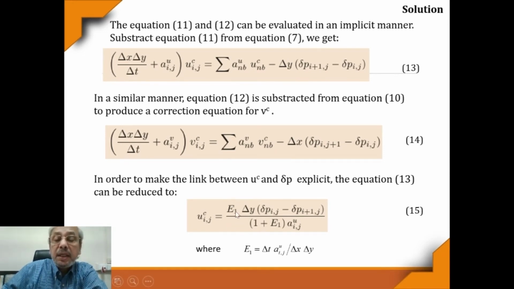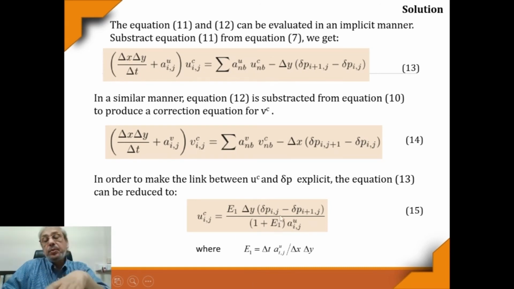This E1 is a subscript. It is just a defined quantity and doesn't have any deeper meaning, the way it did for the x momentum and y momentum equations. Here it is simply used to write u_ij^c, the velocity correction, after neglecting the neighboring terms.